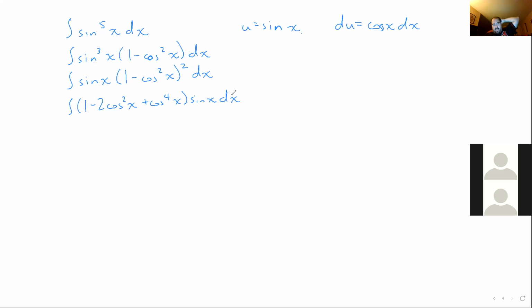Do we notice anything now? Isn't 1 minus 2 cosine squared x an identity? It is, but I don't think it'll help. So keep in mind, our goal was to try to set up something involving U substitution. Can I do that now?